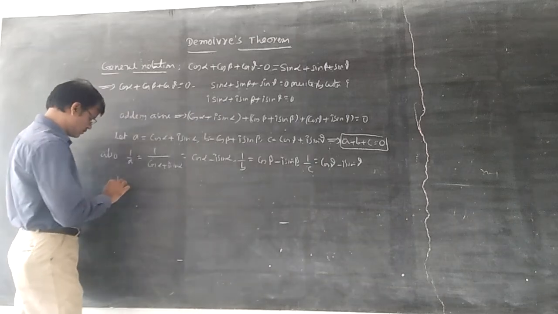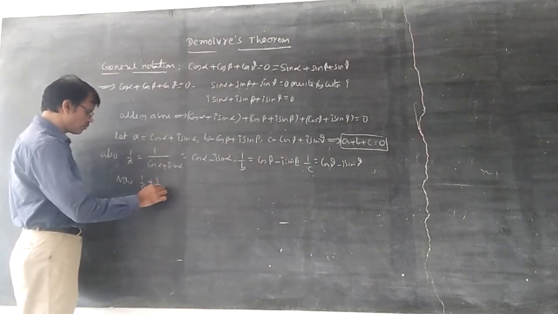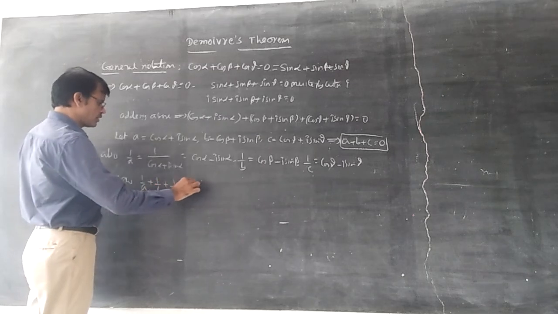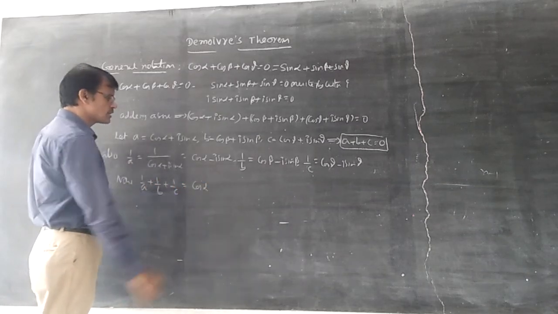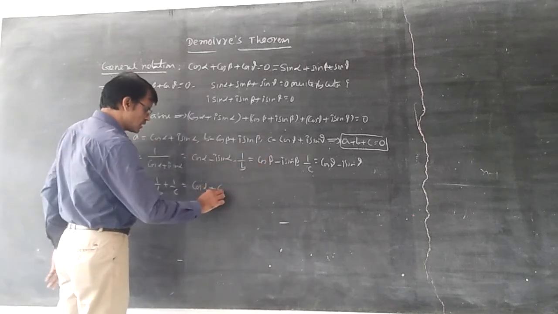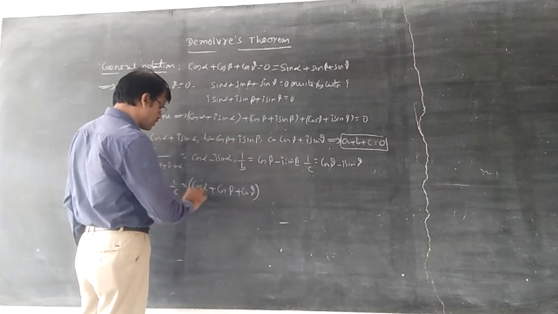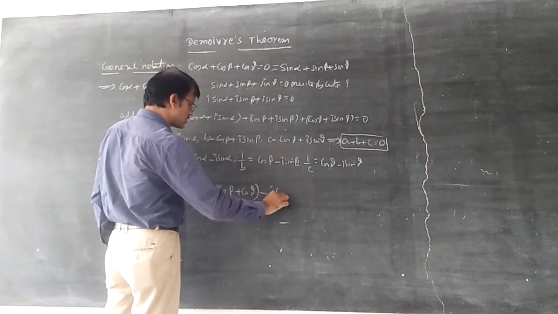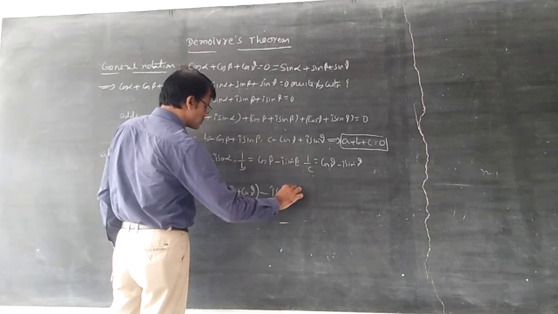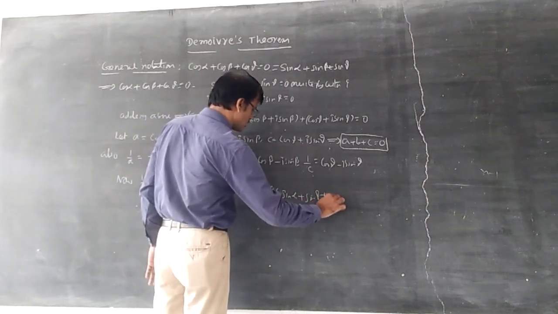Now 1 by a plus 1 by b plus 1 by c: adding all these, we get cos alpha plus cos beta plus cos gamma, minus i taken common, sin alpha plus sin beta plus sin gamma.